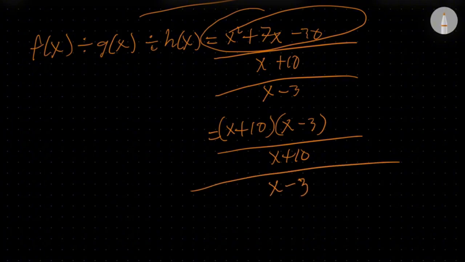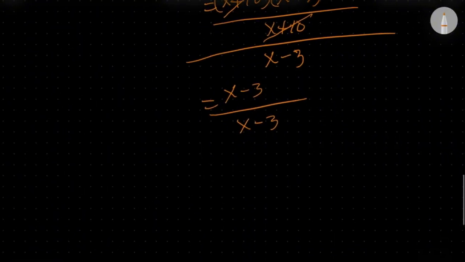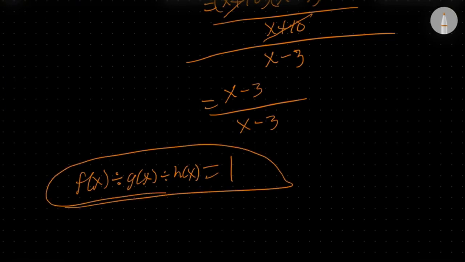And we notice here that we have the same thing again. Therefore, we'll cancel that out, and we will be left with x minus 3 over x minus 3, and x minus 3 divided by x minus 3 is the same as 1. And that is f of x divided by g of x divided by h of x. And that is our answer.